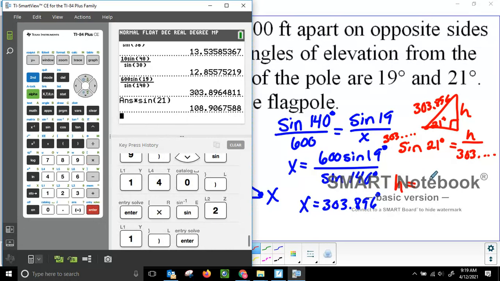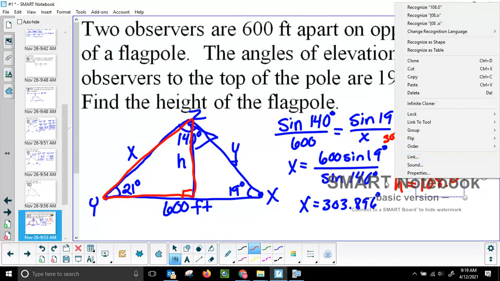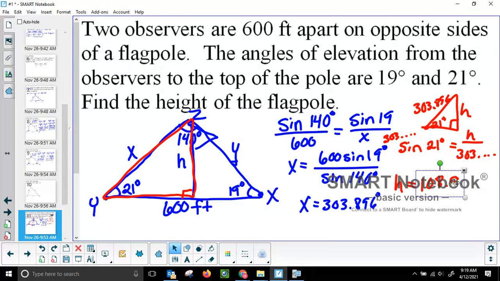So this is 108.907, I believe. And this would be feet.